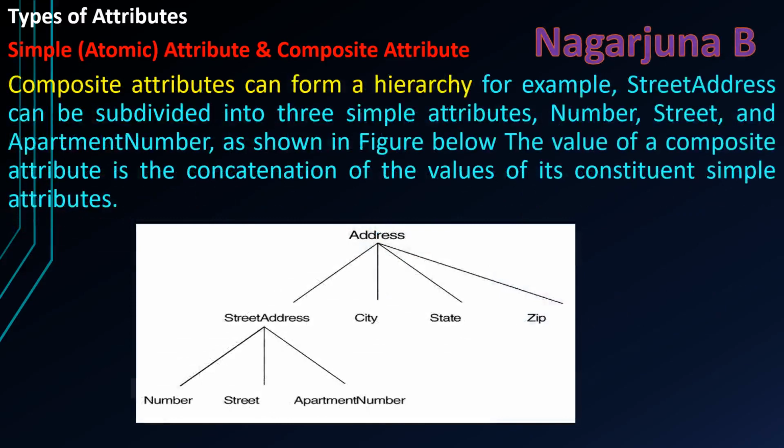The value of a composite attribute is the concatenation of the values of its constituent simple attributes. For example, address. Address is a composite attribute. The value for that one will be 007 Gandhinagar, Hospet, Karnataka 583201. This is the value for the composite attribute address.